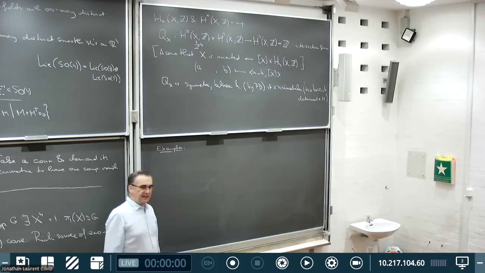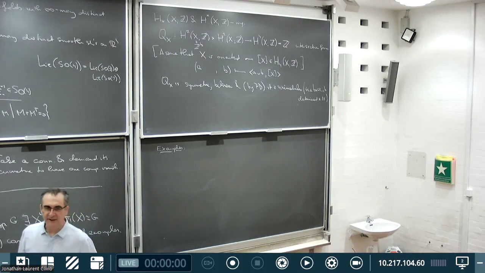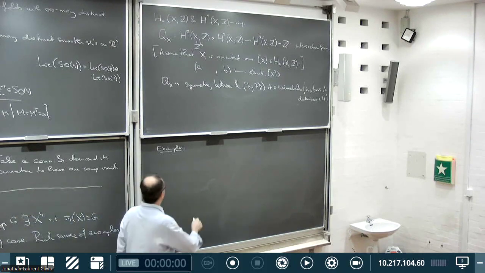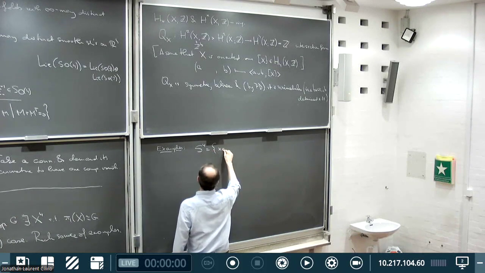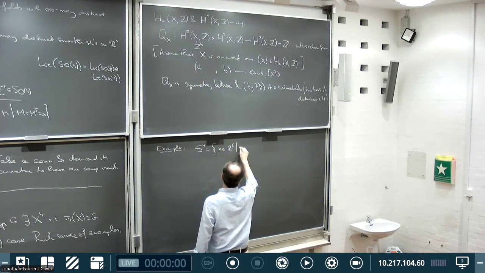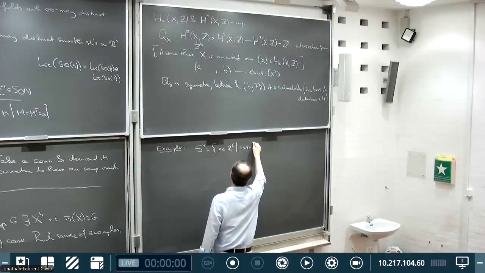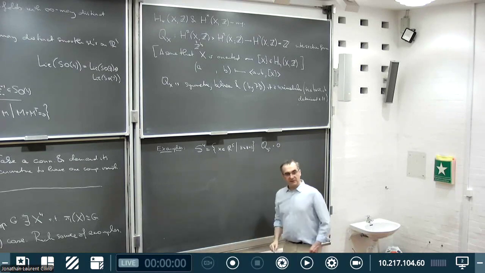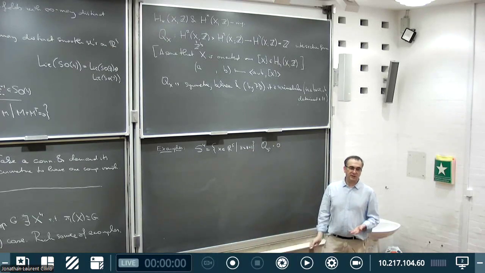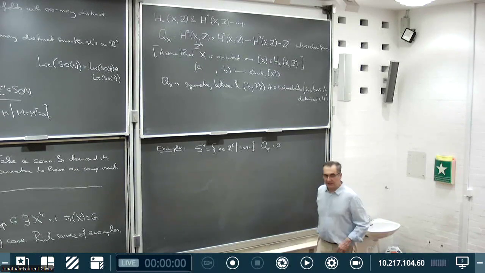The simplest closed connected four-manifold is just S^4. These are those vectors in R^5 which have length one. And the intersection form is just 0. The second cohomology is just a rank 0 free abelian group, and there is not much we can say about that.